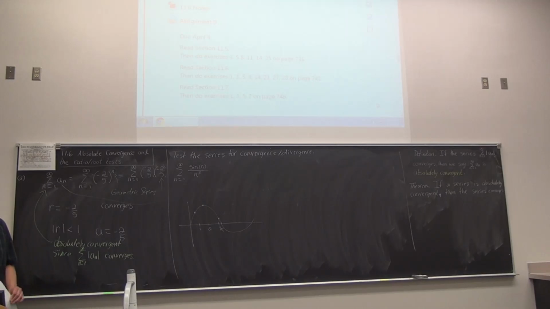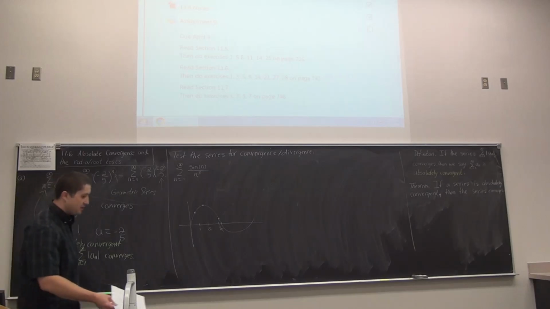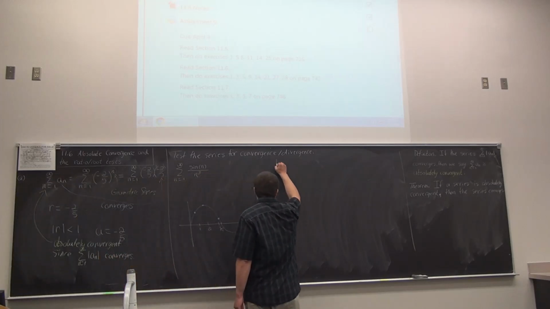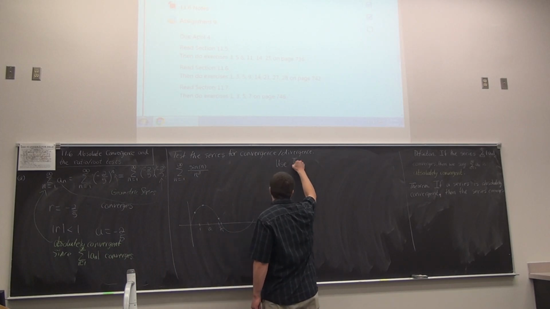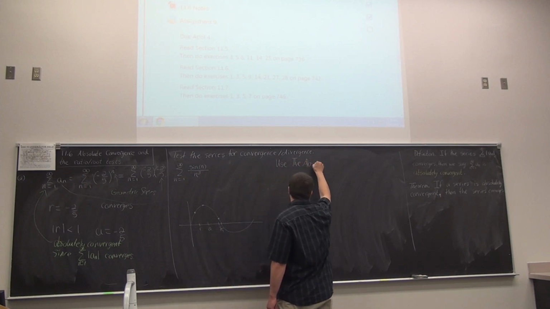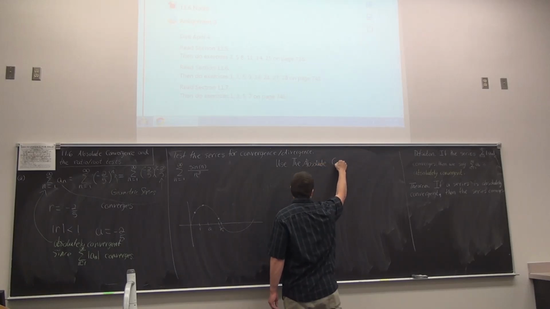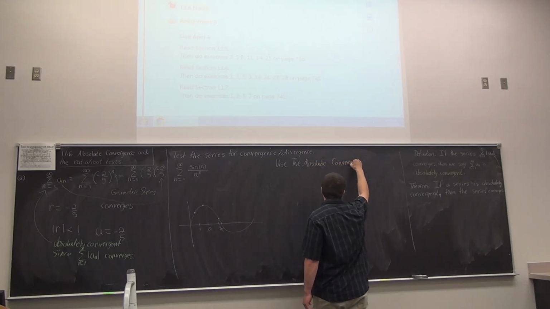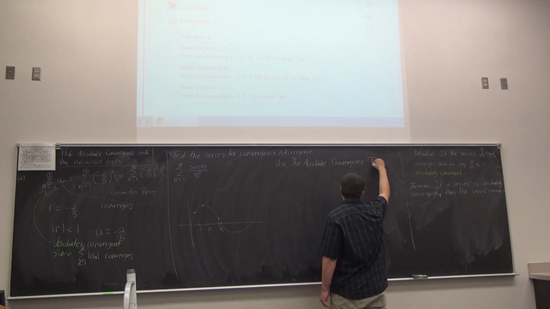So this is kind of a messed up series, but that's okay. It is comparable to a p-series if only the sine n were gone. And that's where our new test can work for us. Any questions so far? Okay, so the test we're going to use is the absolute convergence test.